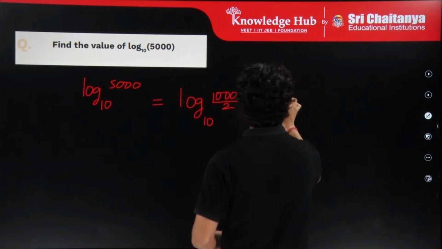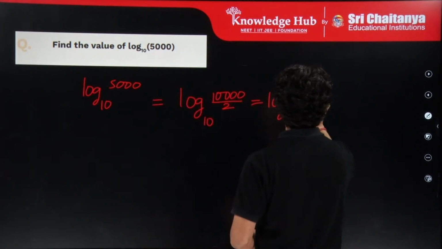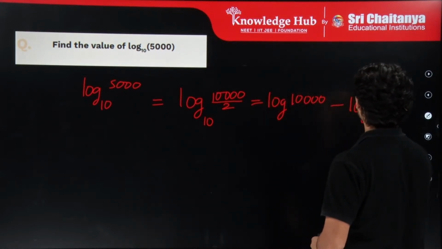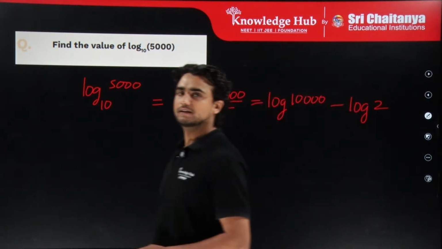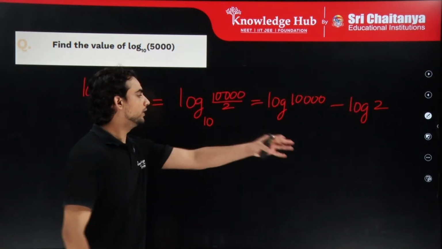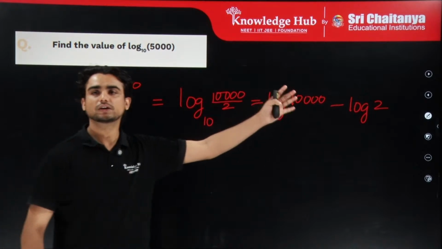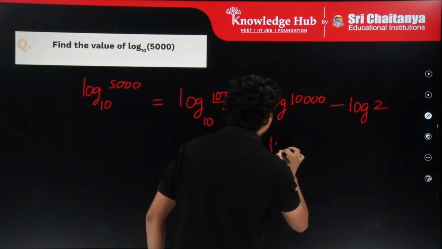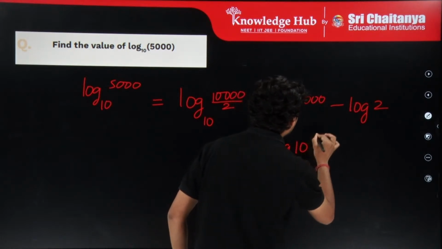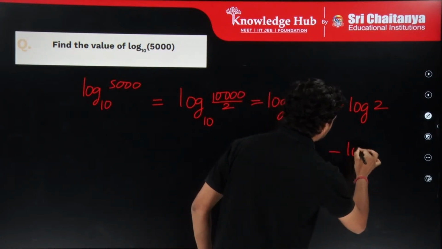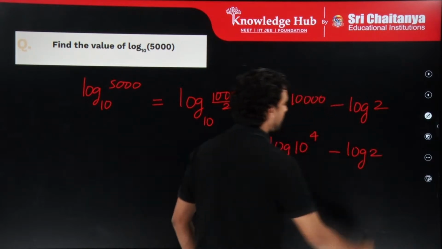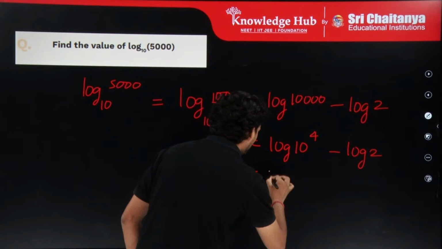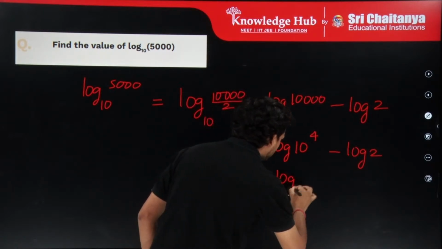I get log 10,000 minus log 2, right? And log 2 and log 10,000. So I can solve the values for log 10,000 and log 2. So here I can get log 10 raised to 4 minus log 2, right? Now I'll get here 4 log 10 base 10.